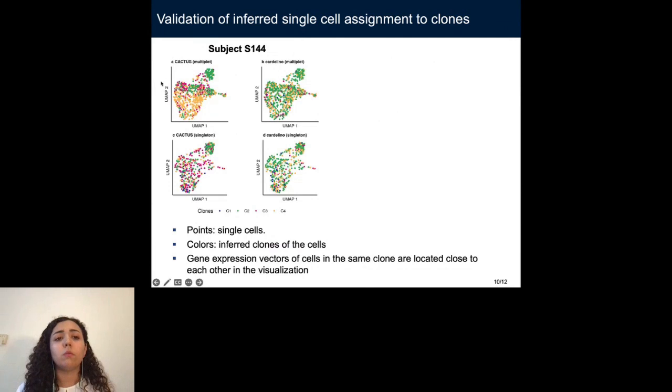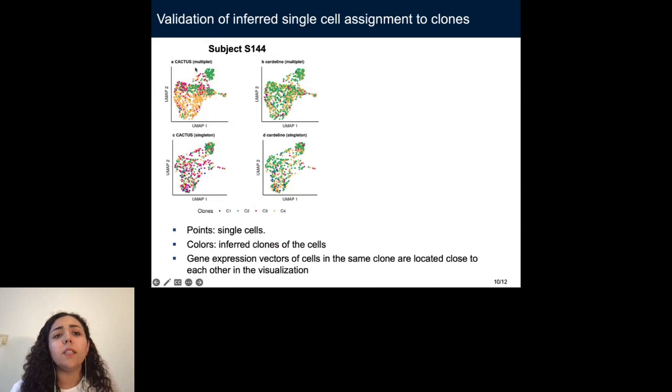The first row corresponds to the multiplet clusters, and the second row corresponds to the singleton clusters. Each point here represents one single cell. We expect to see that the cells with the same color, which means the cells from the same clone, are in the same position and make a cluster themselves.